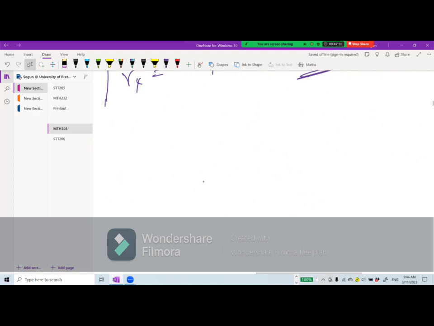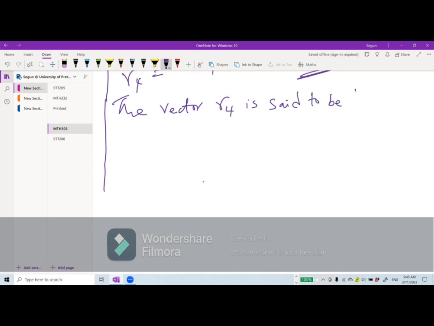So we can boldly say at this point that the vector R4 is said to be linearly dependent on R1, R2, and R3.